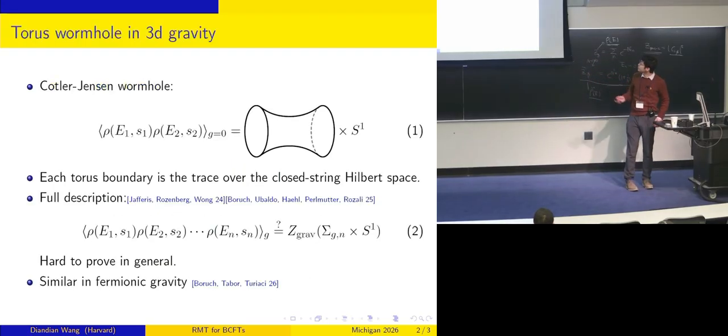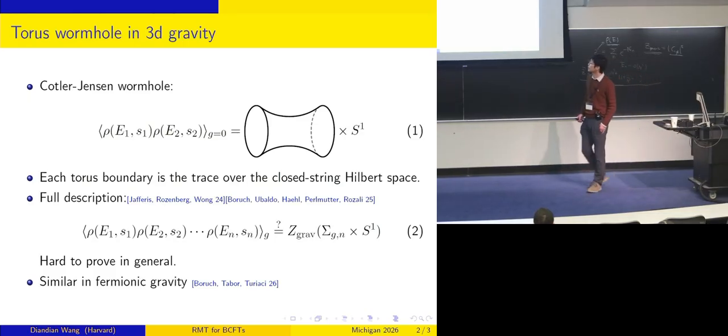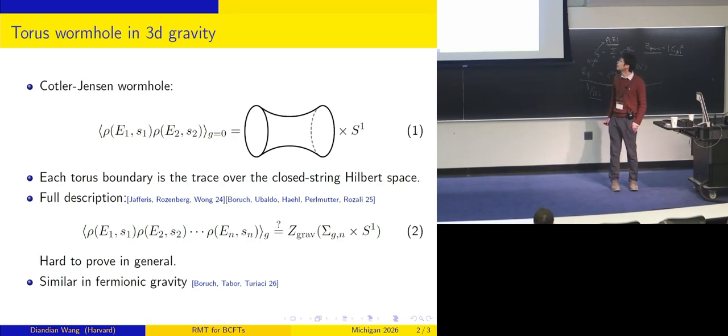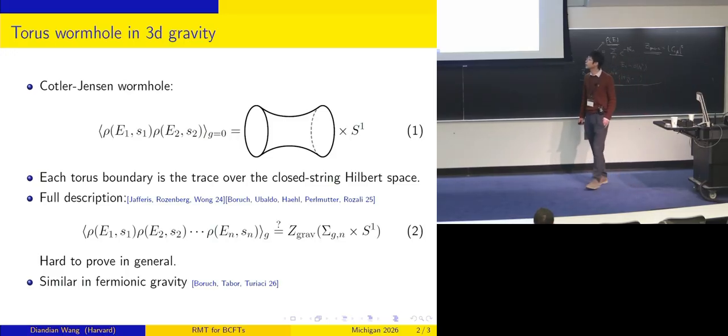To give a quick review, as has been mentioned in this conference, the Cotler-Jensen wormhole, the wormhole that has the topology of a cylinder times a circle, computes the leading spectral density correlation of a 2D CFT.